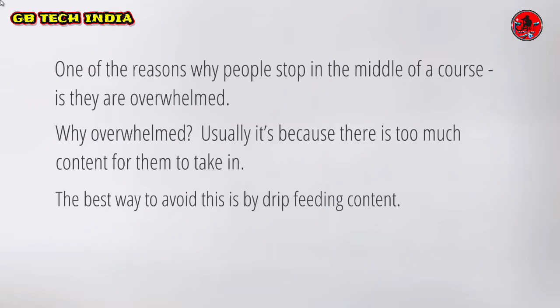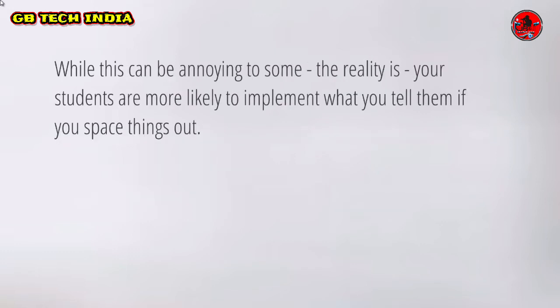So the best way to avoid this is by what we call drip feeding. Drip feeding content, the idea is simply to space things out so that people receive video 1, video 2, maybe the first day. Maybe they have to do a to-do list before they actually go to video number 3.